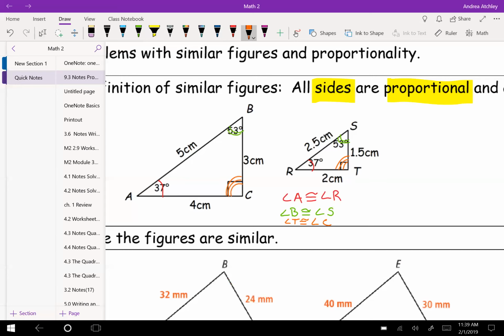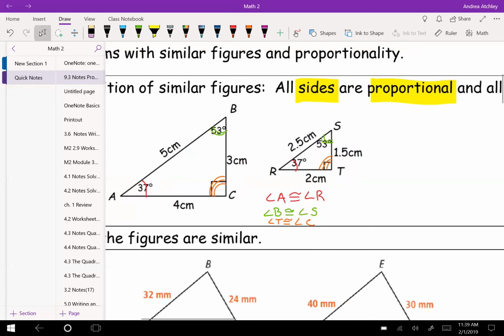Now let's see if our sides are proportional. Make sure you're getting corresponding sides. Side AB is 5. Corresponding to that is side RS, which is 2.5. Then we have BC is 3 and ST is 1.5.